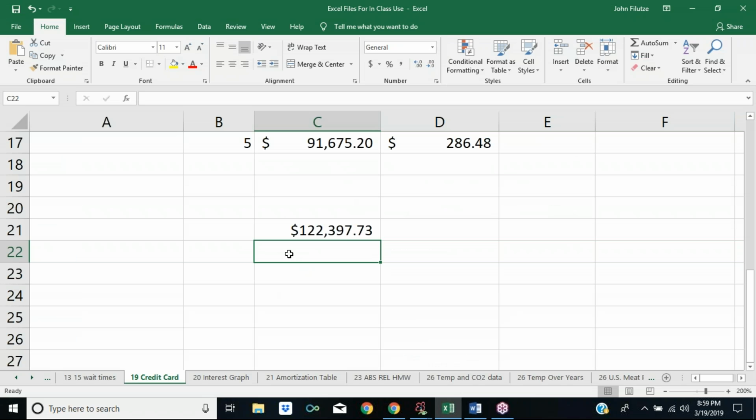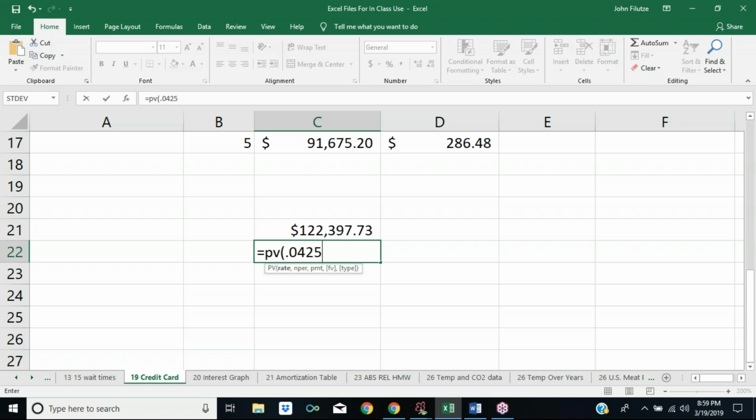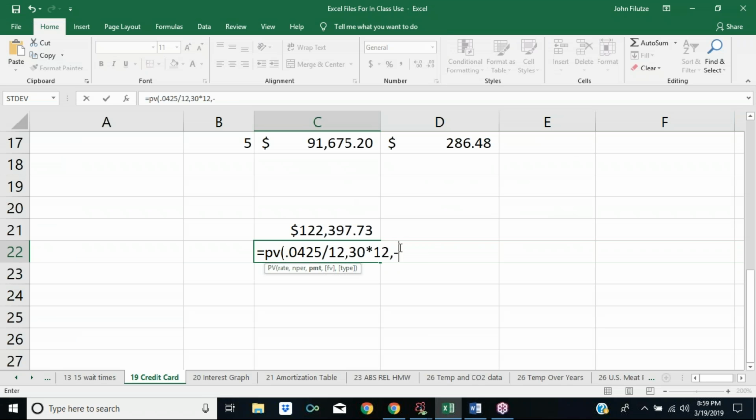30 years, 4.25. So equals PV, 0.0425. That's 4.25 divided by 12. We want the monthly interest, comma, 30 years, so 30 times 12 months, comma, and then I have to look again. It was $935, so negative $935.